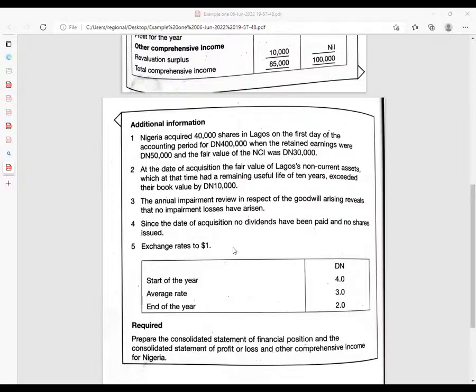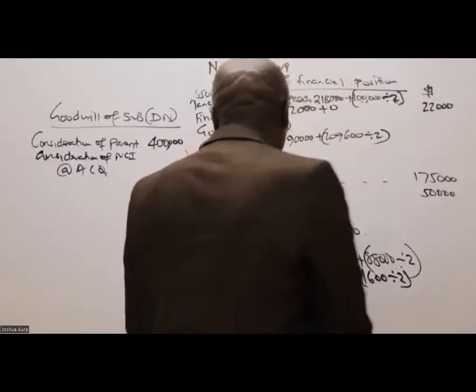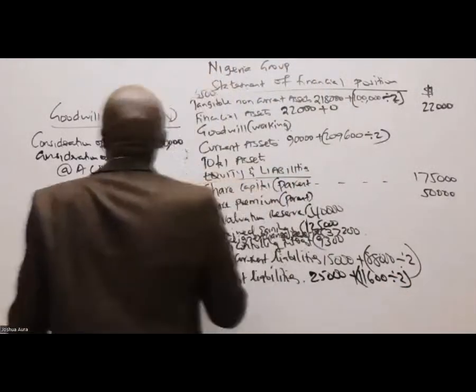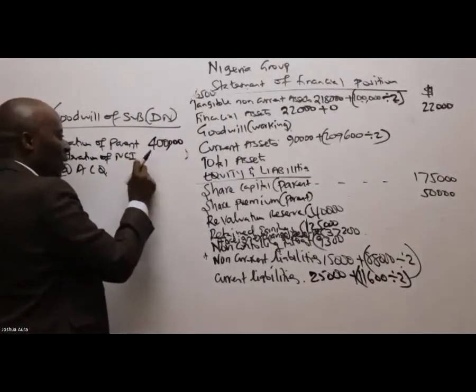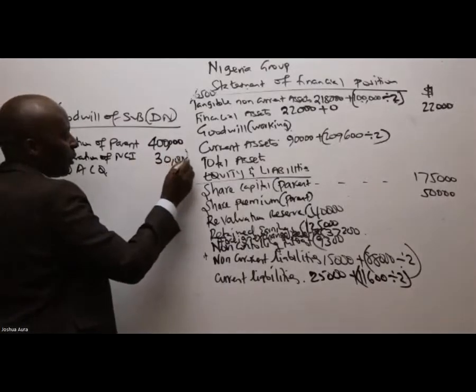You're told somewhere here that Nigeria acquired 40,000 shares in Lagos on the first day of the accounting period, when the retained earnings were DN 50,000, and the fair value of NCI was 30,000 DN. So everything is in terms of DN. Again, consideration of the NCI at the date of acquisition, they have told us it's 30,000.